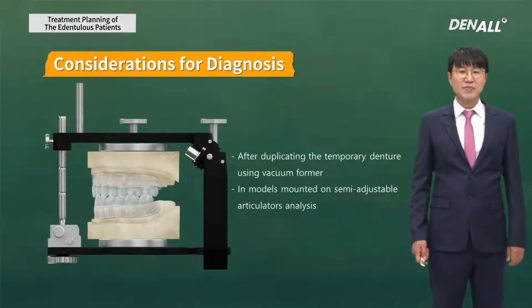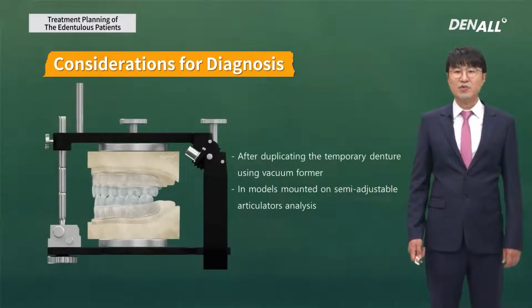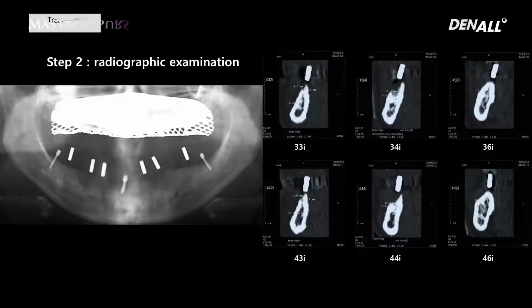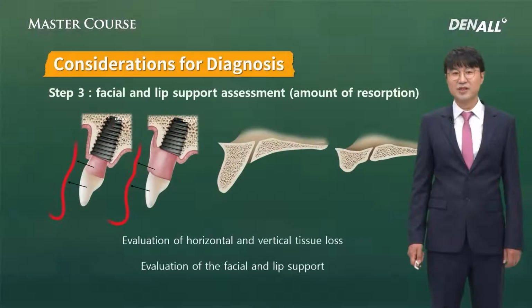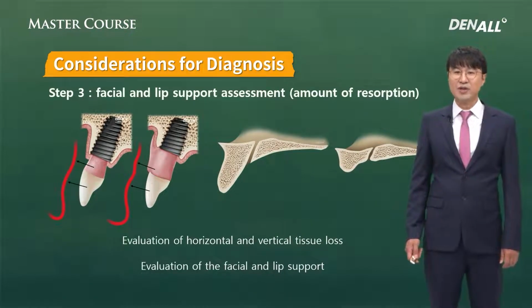Kneeback is used to replicate the provisional denture and then I use a semi-adjustable articulator to analyze space on the model. Via X-ray, you need to overall analyze the amount of bone the patient has and also evaluation on vertical and horizontal tissue loss as well as profile needs to be made.